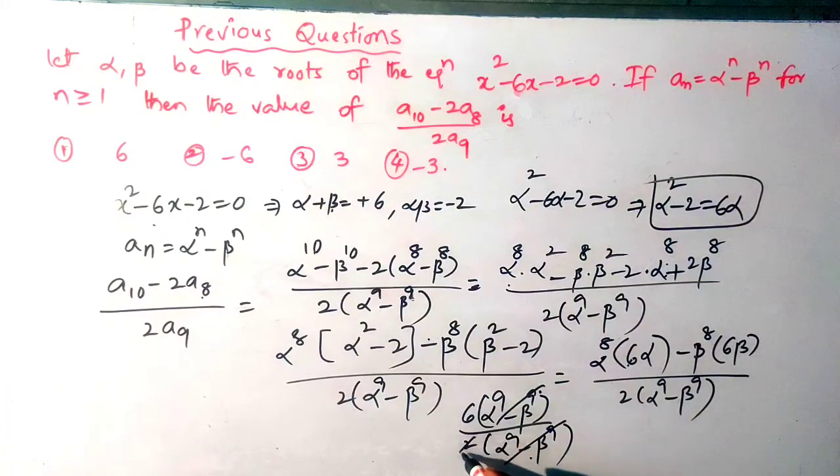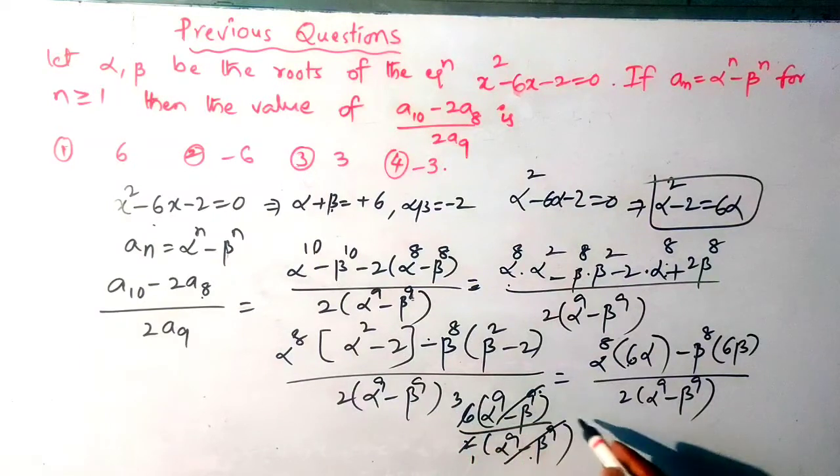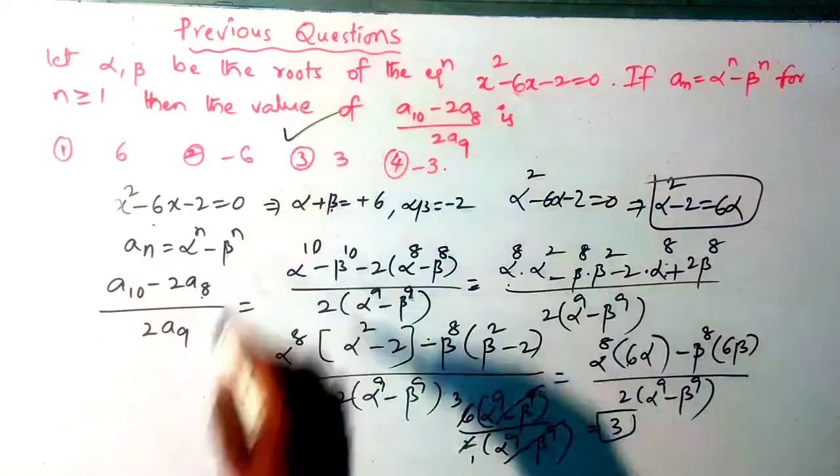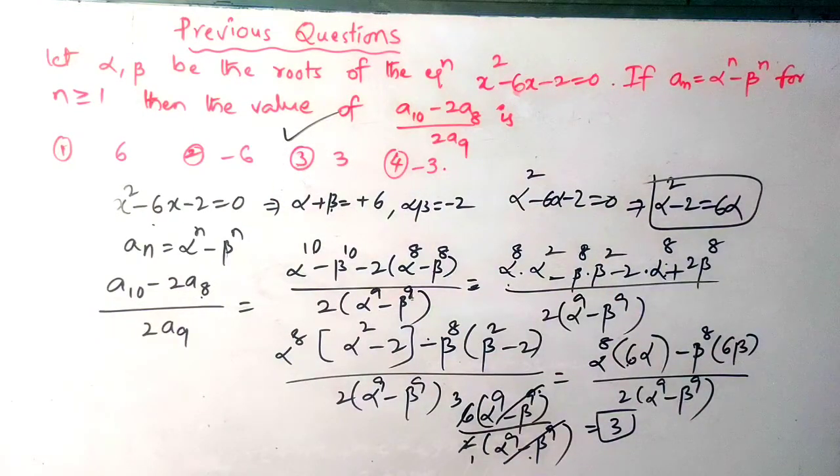So both are cancelled, and 2 ones are 2, 2 threes are 6, so we get 3. That is the answer. So the third option is the right answer.